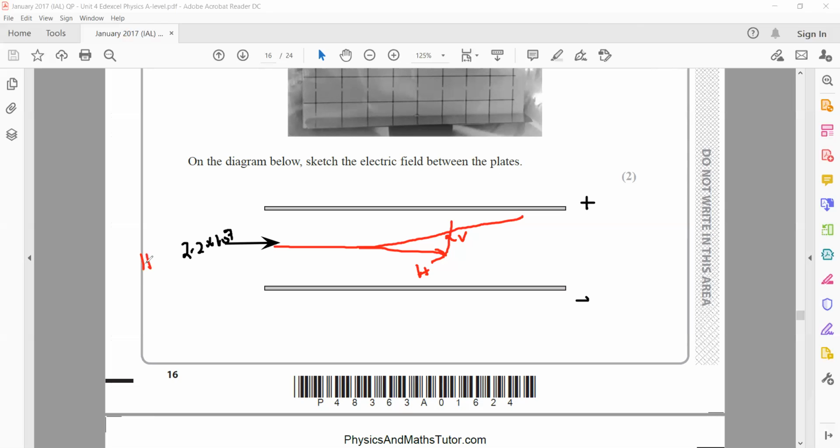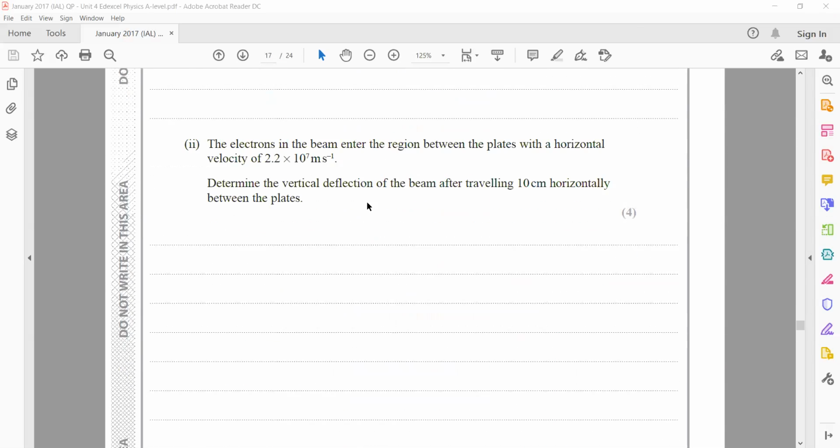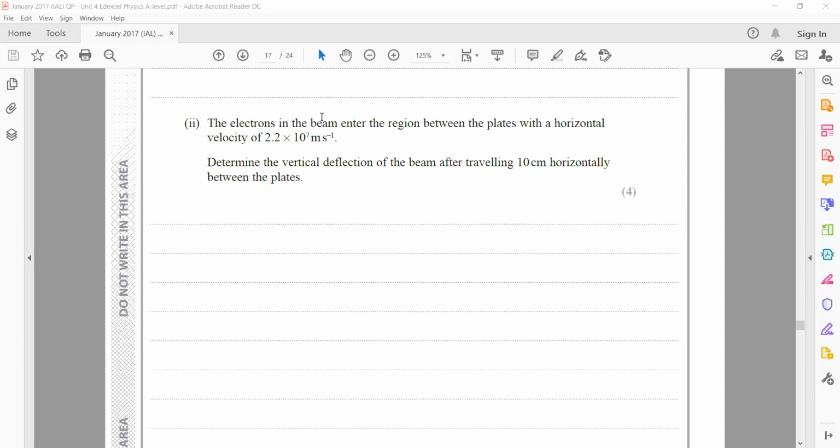This is the horizontal speed. So what is the vertical speed? The vertical speed is 0, and it starts to increase as it is moving towards the electrodes. So we can determine the vertical deflection of the beam after traveling 10 centimeters horizontally. For example, these are the plates.